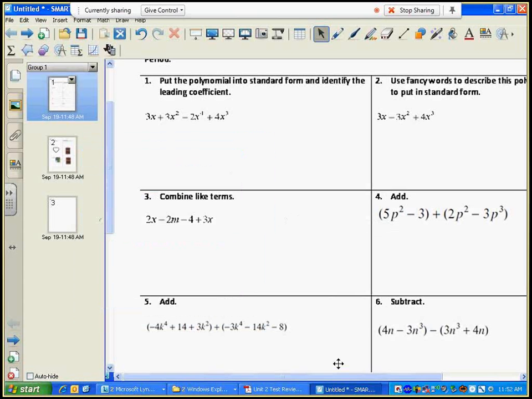This is how we're going to write the standard form and identify the coefficient. The standard form tells me that I'm going to figure out what the degree is of each term and put it in order from greatest degree to least degree. So this degree is 1.